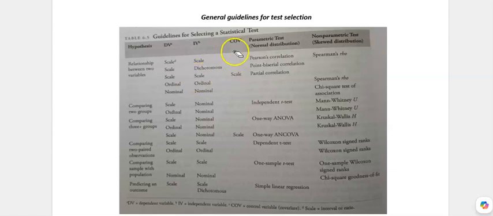Another dimension of inferential statistics, which is more advanced: when you have a covariate variable for the correlation test, that becomes the partial correlation.